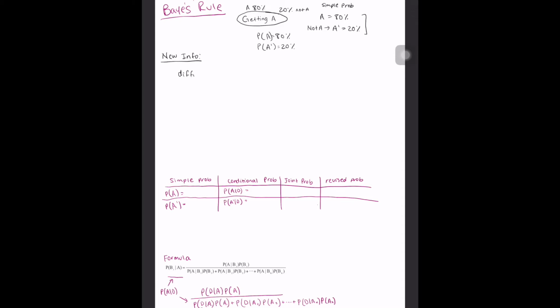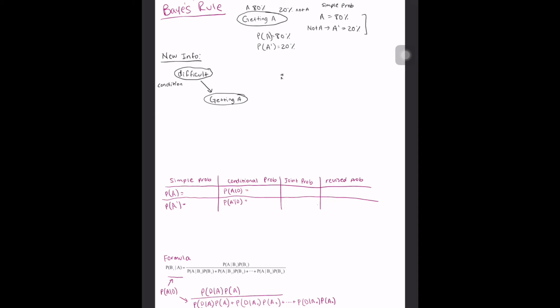Difficulty plays a big factor in whether or not you get an A. So you have to revise your probability of getting an A to something that accounts for how difficult the class is. So this is your condition. Let's say you go around and you ask 10 people, and this is a random arbitrary number.